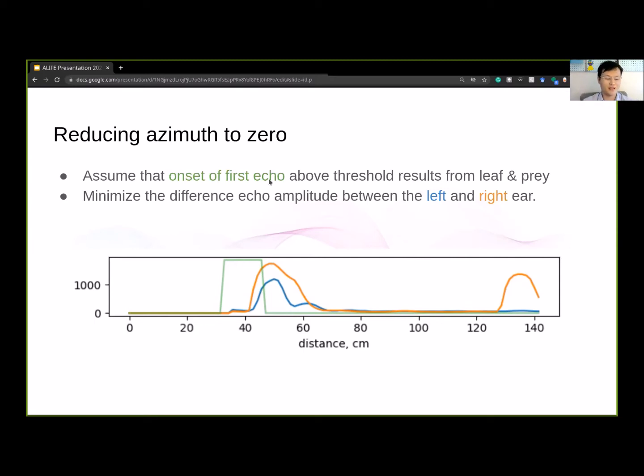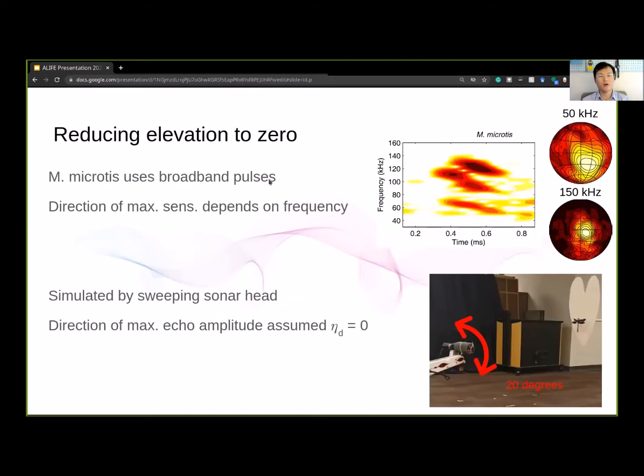So that's the idea. And how about the elevation error? This is a little bit more tricky. Bats actually use a wide range of frequencies. They use broadband pulses. And they are able to embed the frequency with the elevation.